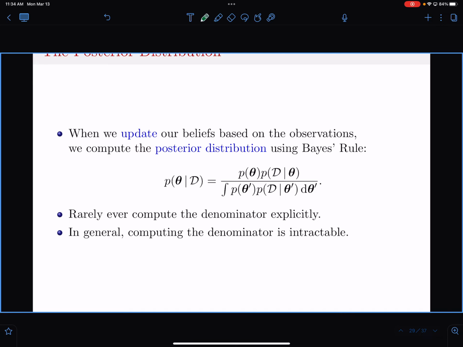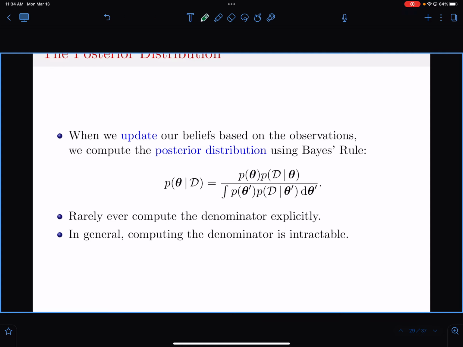So we have P of theta given data equal to P of theta and data on top, over P of data. And we can decompose the top term as the product of the prior times the probability of the data given the theta value.